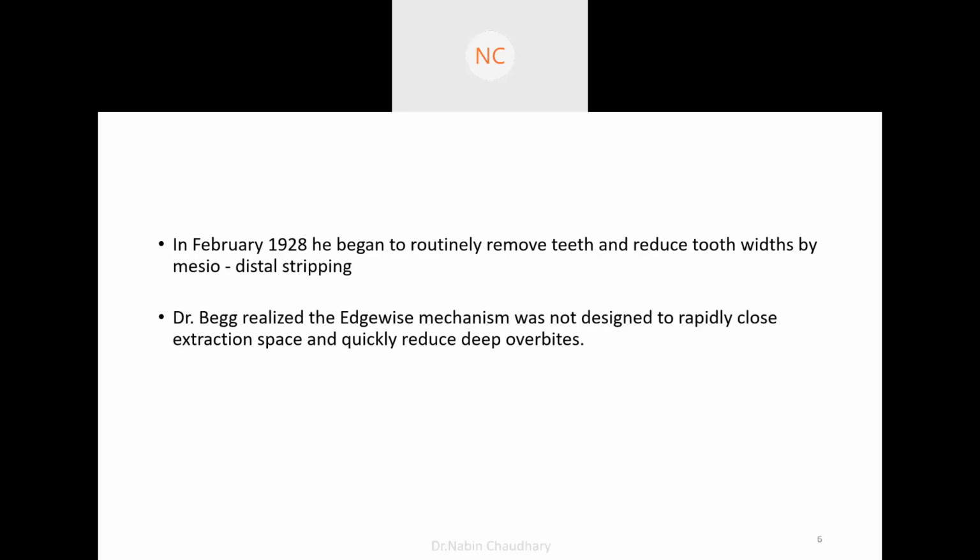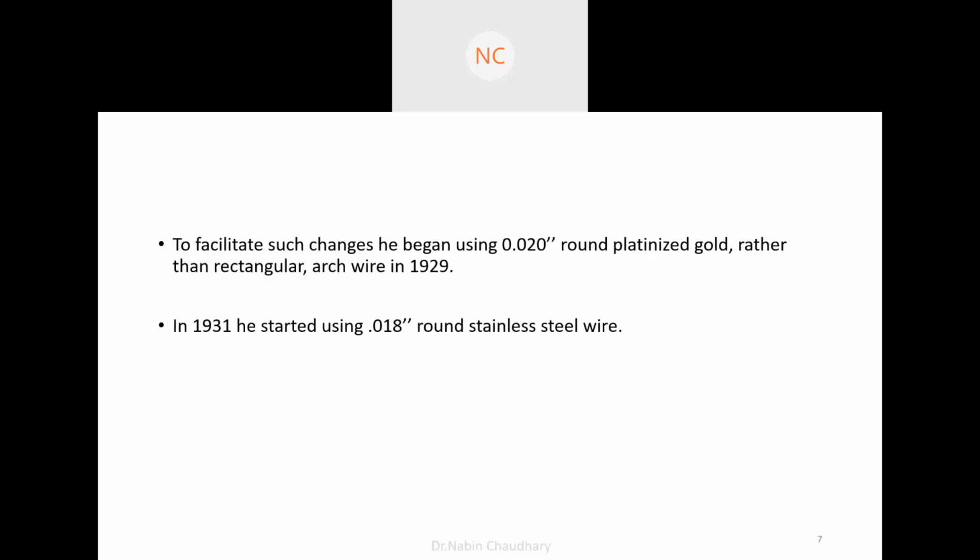So in February 1928, Dr. Begg began to routinely remove teeth and reduce the tooth width by mesiodistal striping. After he changed the mechanism into extraction therapy, he began to realize that the edgewise mechanism was not designed to rapidly close the extraction space and to reduce deep overbites.